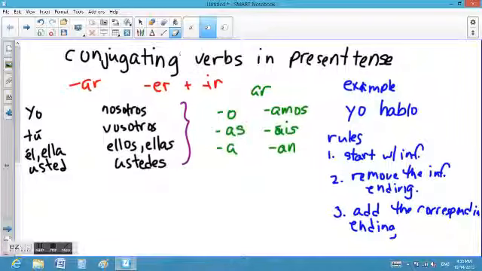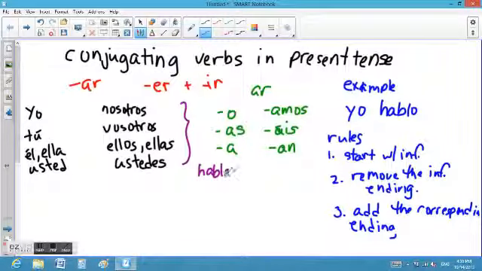Alright, so as in my example here, we started out with hablar. I remove the AR ending, and then I add the corresponding ending, and I end up with yo hablo.